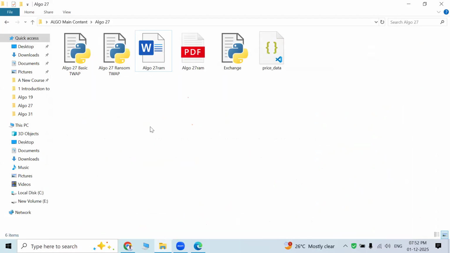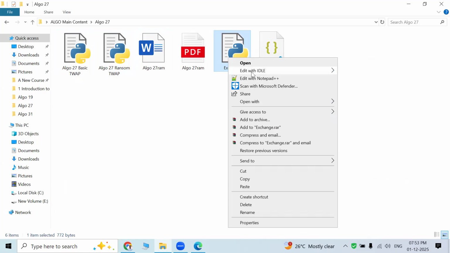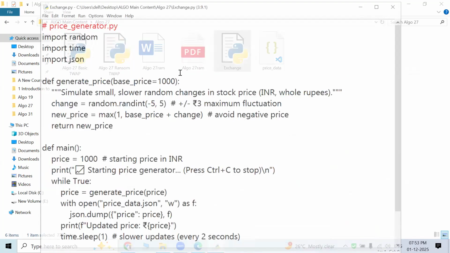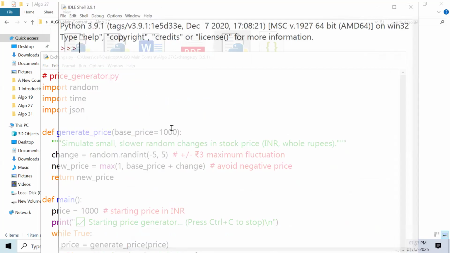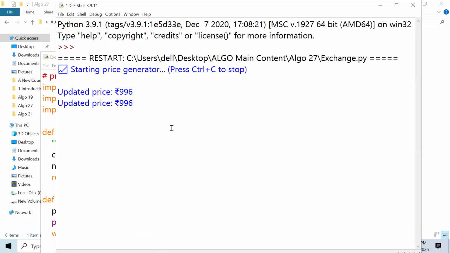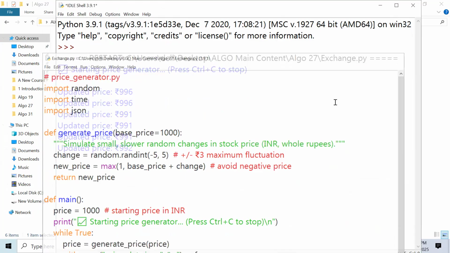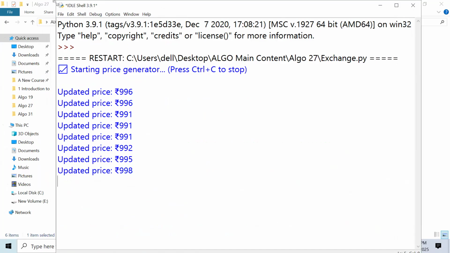So let me show you two different kinds of TWAP in this execution. First, we are going to understand the basic one, and then we will understand the random one. So I'm starting an exchange file. Now this is going to change the price continuously, and we have no control over it.